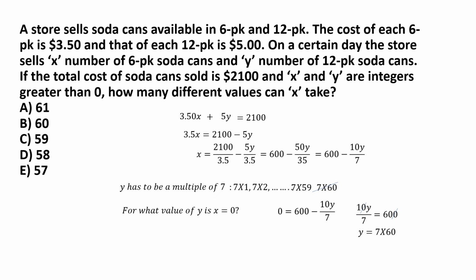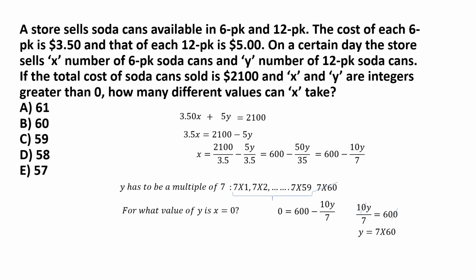So now the set of values that we have for y is an allowable set, because for those values of y, x is going to be a positive integer greater than 0. So how many different values of y are possible? Well, we already have the list there. It's very simple to count in terms of multiples of 7. Y can take on values 7 multiplied by 1, 7 multiplied by 2, all the way through 7 multiplied by 59.